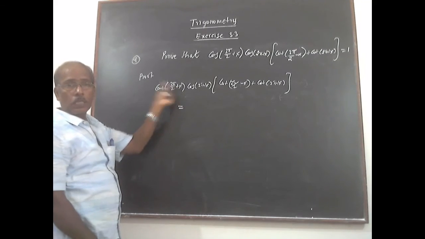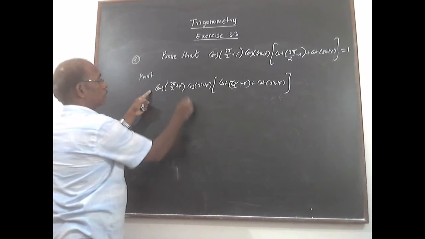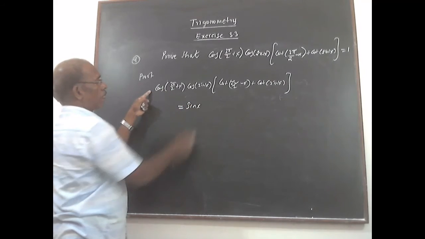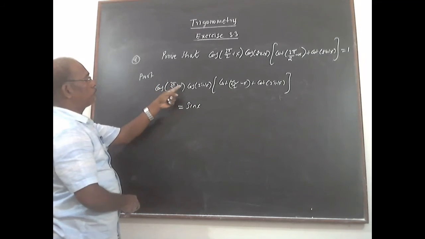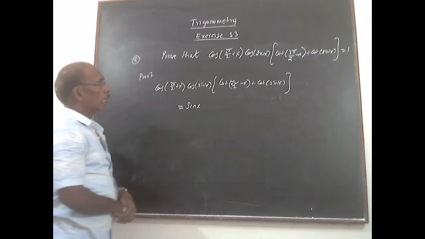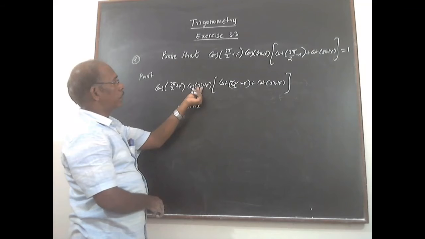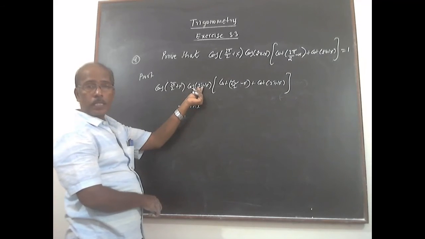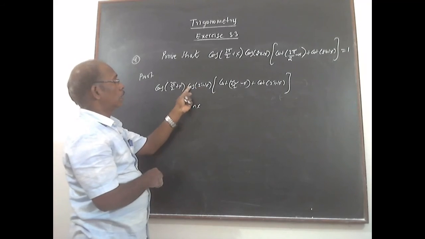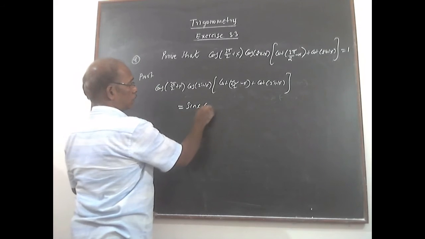In the fourth quadrant cos is positive, so this is sin x. Cos of 3 pi by 2 plus x is sin x. And cos of 2 pi plus x, cos is a periodic function of period 2 pi, one rotation, so cos of 2 pi plus x is cos x.